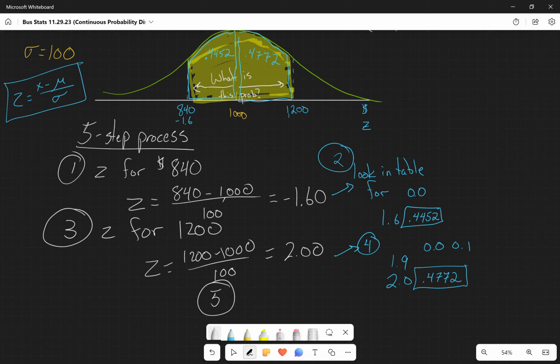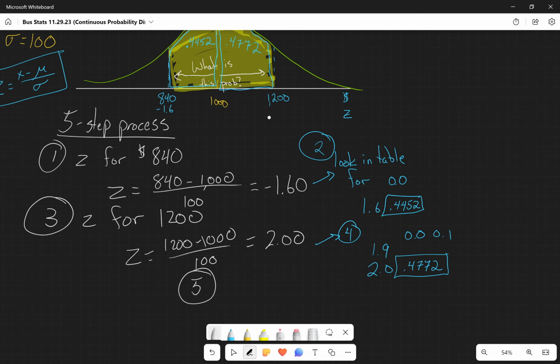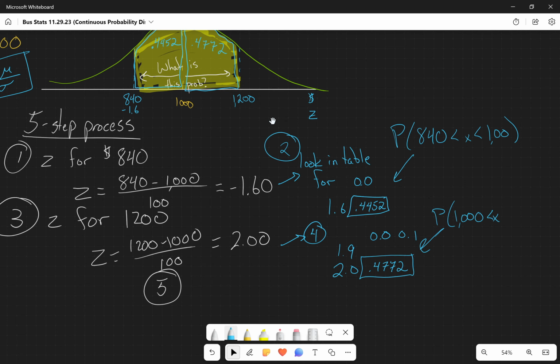You're used to just calculating the z-statistic using this average and this standard deviation and then looking in the table for it. But then what does it actually mean? Each one of these things that we were doing here is the probability that the weekly income is between 1,000 and 840, and this is the probability that the weekly income is between 1,000 and 1,200.